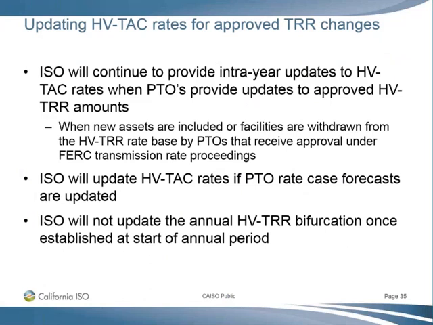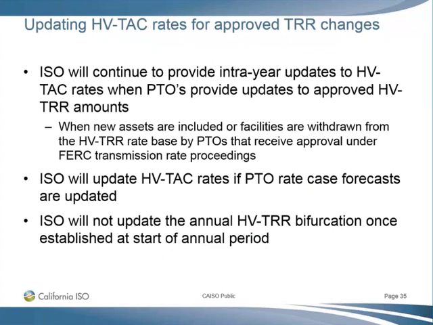The idea here is that we would continue to do intra-year updates to the rates whenever there is an updated TRR filing provided by the PTOs, once those are approved by the ALJ or the settlement judge or whatever process ultimately approves those TRR updates.